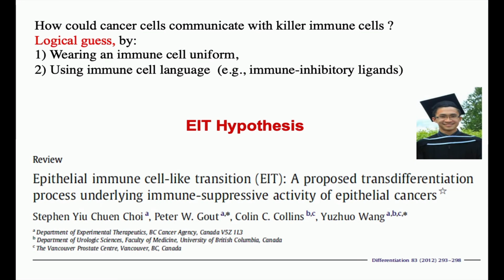Based on that assumption and the literature search, Stephen came up with a hypothesis called epithelial immune cell transition. What's the significance of this hypothesis? It gives you a concept that a successful cancer cell should know how to communicate with the immune cells.